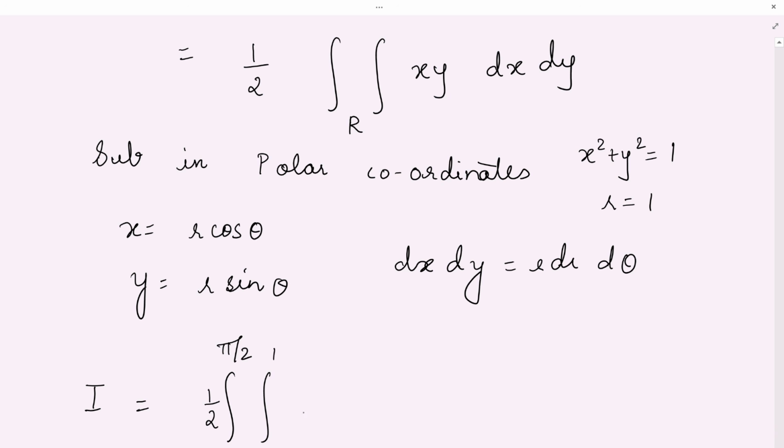So 0 to 1 is r² times r sin theta, r cos theta, and dx dy is r dr d theta.